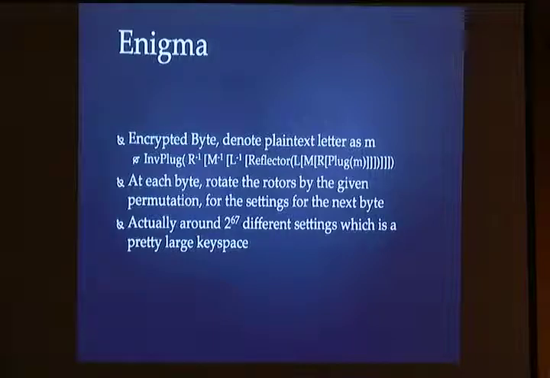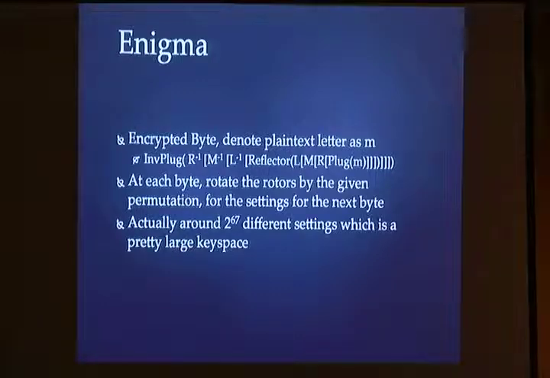And you have to keep in mind, at each byte, we would rotate the rotors, and L and M would change, but what they were actually substituting wouldn't. Where the offset would change, but what they were substituting wouldn't. So while you're rotating, you're still keeping the same basic structure moving through it.